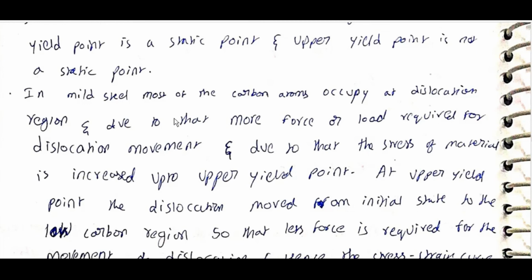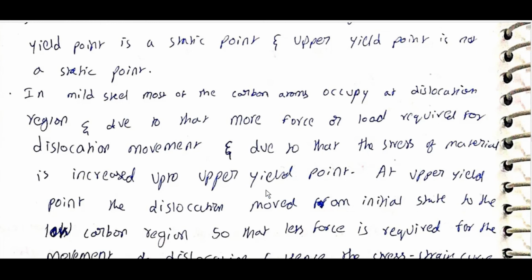In mild steel, most of the carbon atoms occupy the dislocation region. Due to that, more force or load is required for dislocation movement, so the stress of the material increases up to the upper yield point.